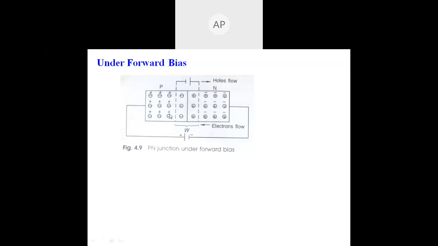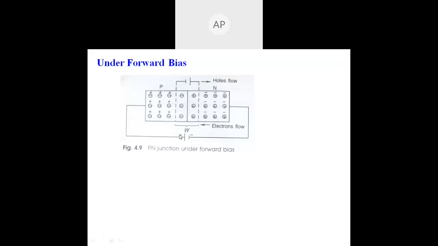Now what will happen here? Once the barrier potential is developed, recombination will never take place. But here recombination occurs, the barrier layer is reduced, and therefore the barrier potential is also reduced.